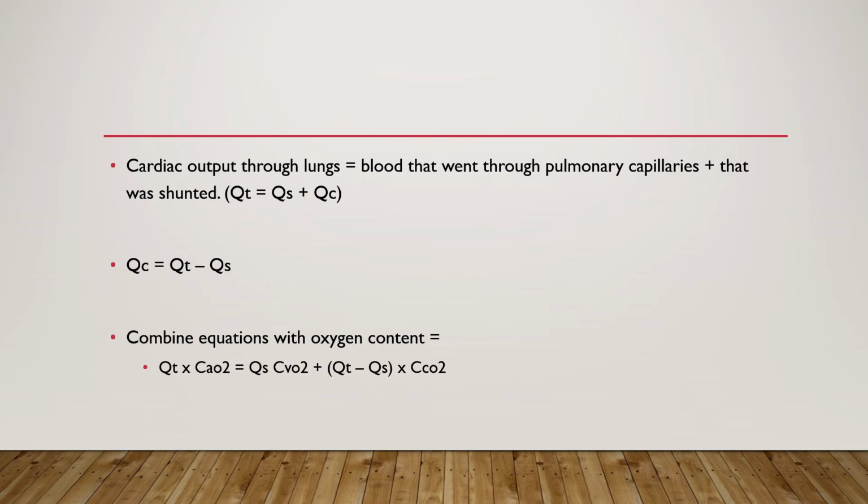So the total blood flow times the arterial oxygenation is equal to the shunted blood flow times the venous oxygenation plus the difference between total and shunted blood flow times the capillary oxygenation.